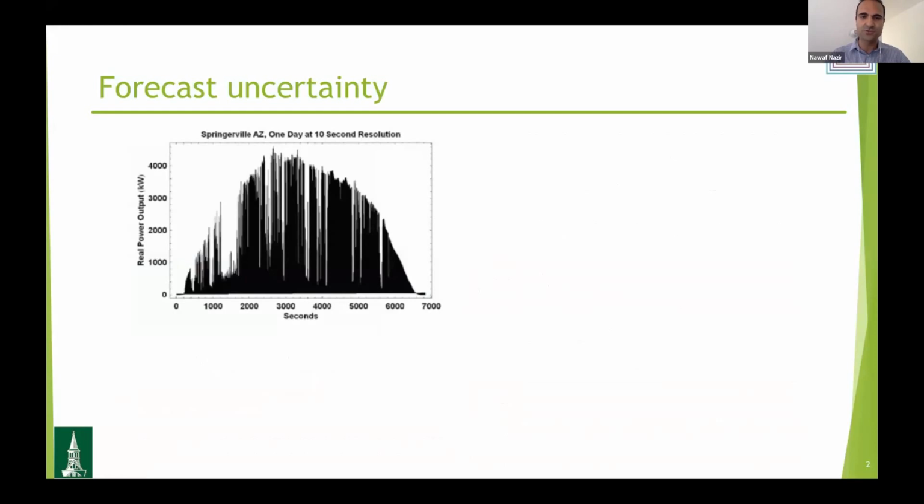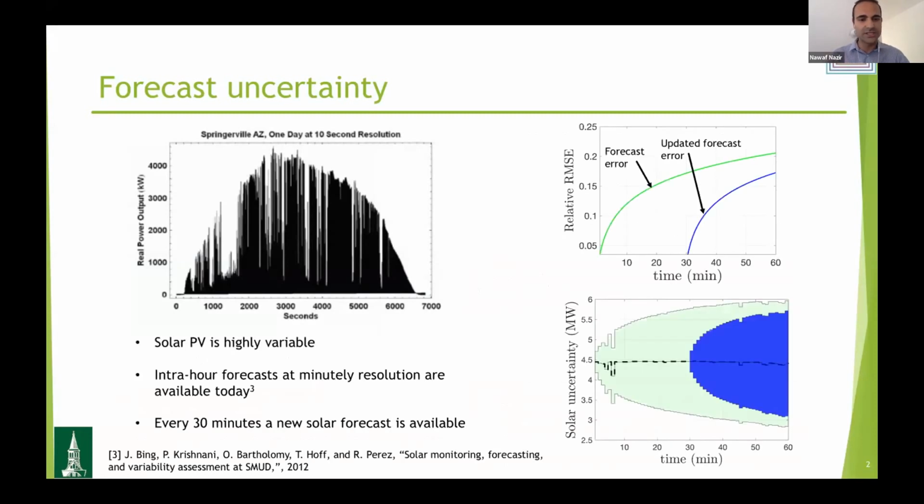This figure here shows the 10-second resolution of solar power output, showing the highly variable nature of solar generation in the intra-hour time frame. Lately there has been a lot of work in intra-hour solar forecasts, and a lot of these methods are now available.